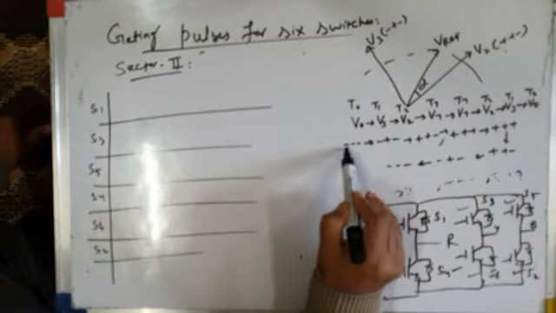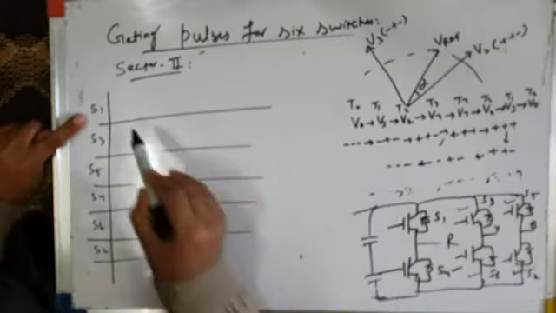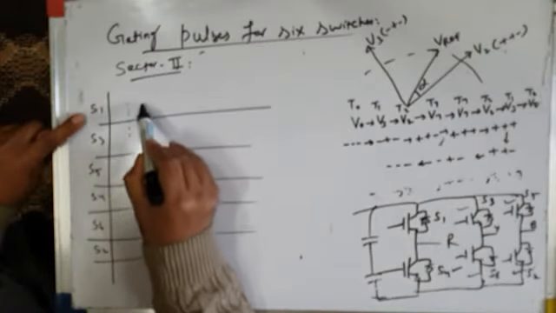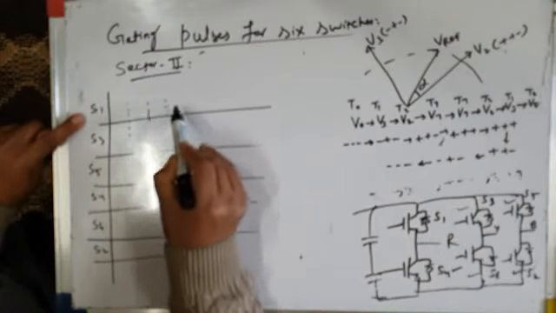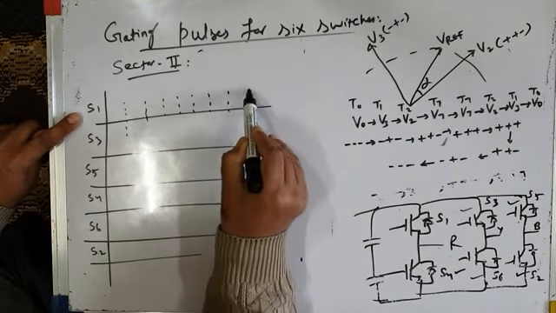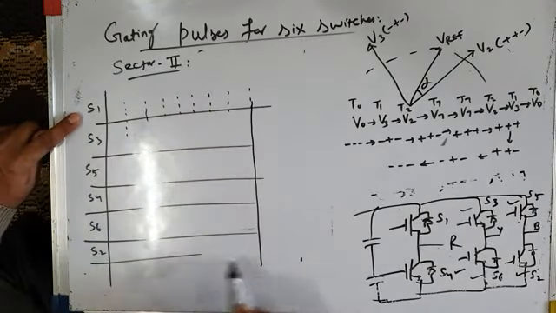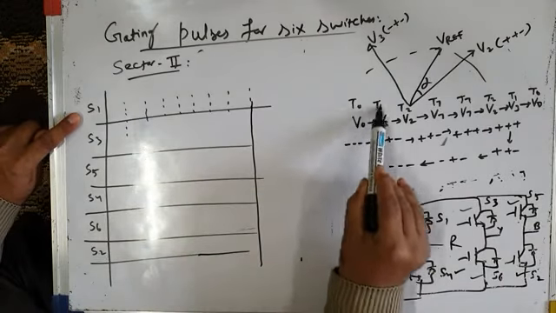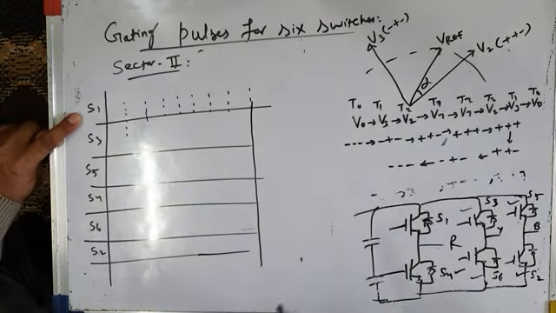So you don't have to apply control pulse. ये 8 time interval है total. 1, 2, 3, 4, 5, 6, 7, 8.